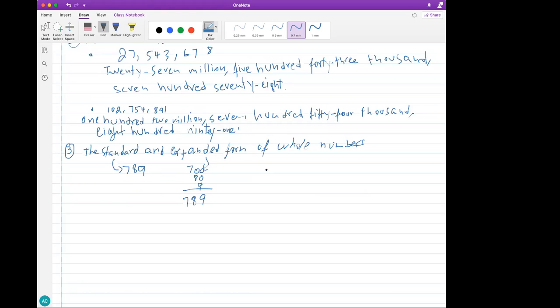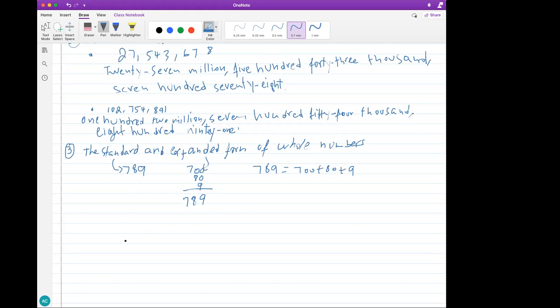Another way of writing this is horizontally instead of vertically, like this: 700 plus 80 plus 9. That's another way of writing these whole numbers.